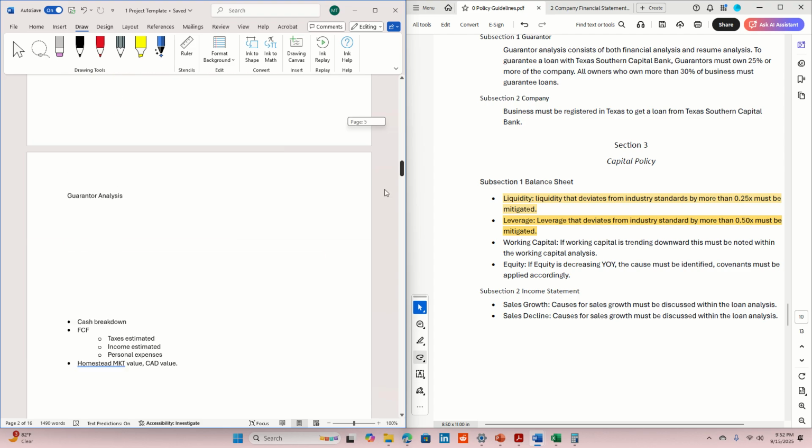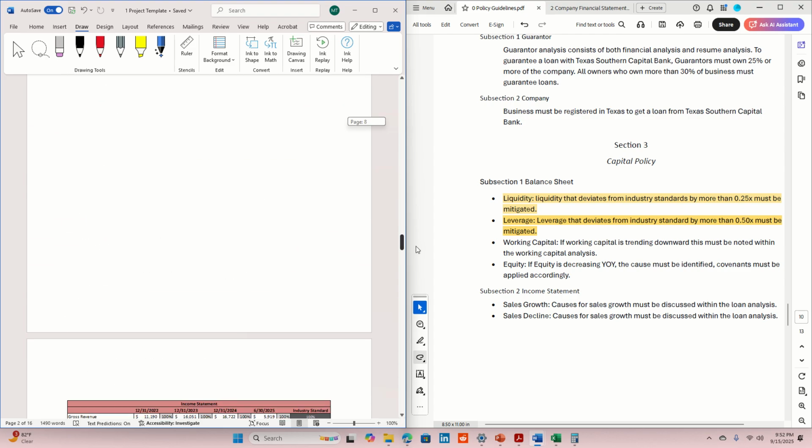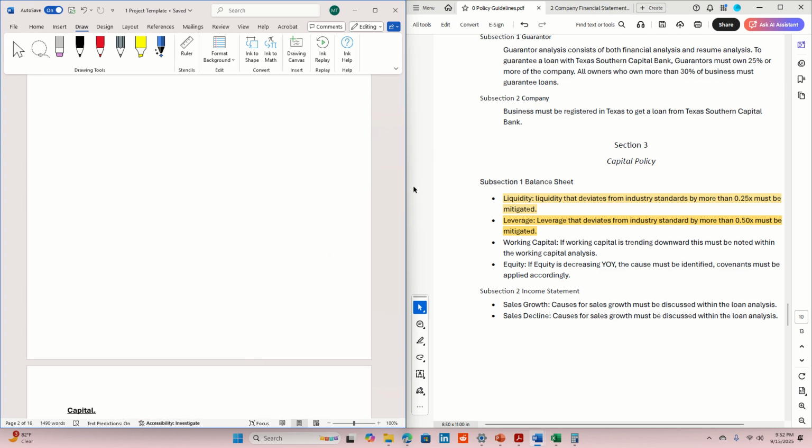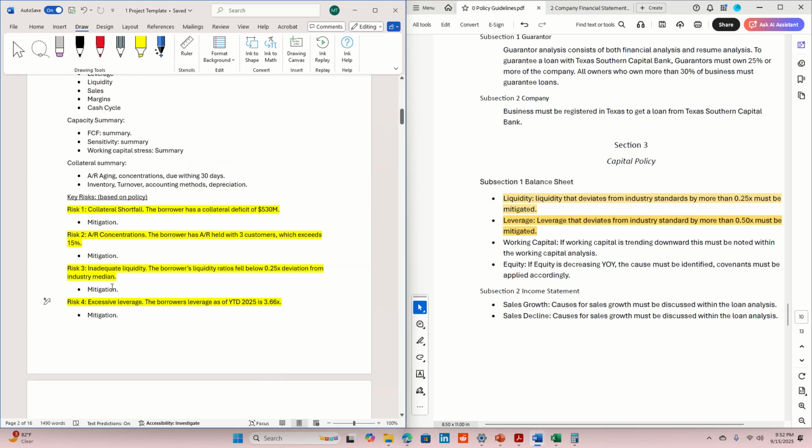And as we can see, it's a pretty big difference. It's actually like 2.29. So it's a pretty big difference. Okay. Right. Inadequate liquidity. The borrower's liquidity ratios fell below 25% deviation. Okay.